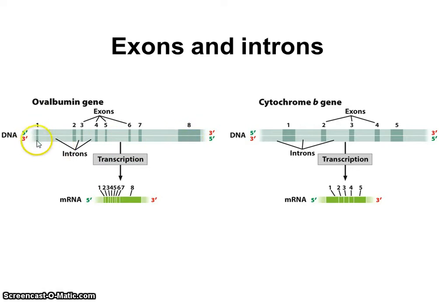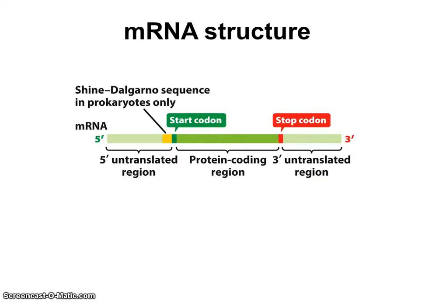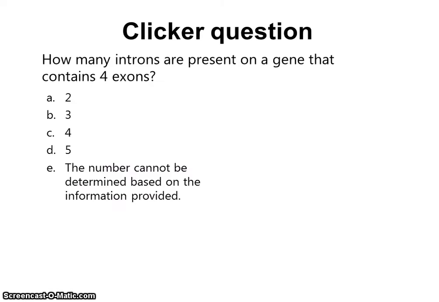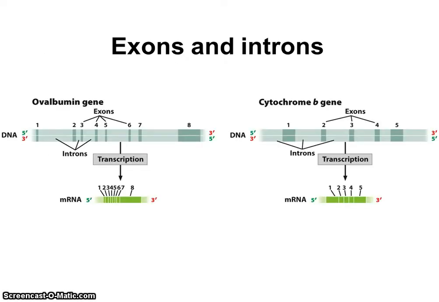The exons are interspersed with introns, and this is actually a very misleading figure. There are actually 3 introns present on a gene that contains 4 exons, because introns are located in between the exons. Good thought exercise anyway, even though this figure is rather misleading in that regard.